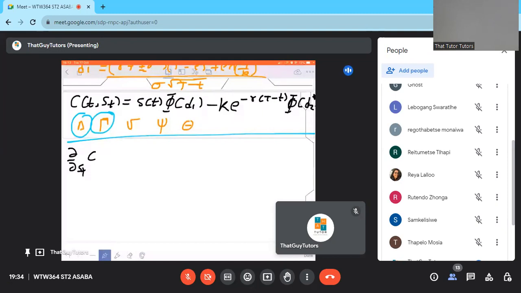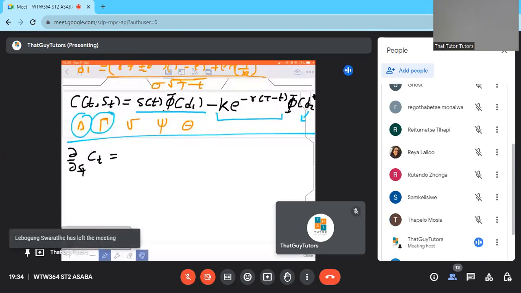So here you don't have ST, but D2 does have ST. So here you are going to find the first derivative of ST, and then you're going to leave the standard normal as it is. So the first derivative of ST with respect to ST is just going to be 1.